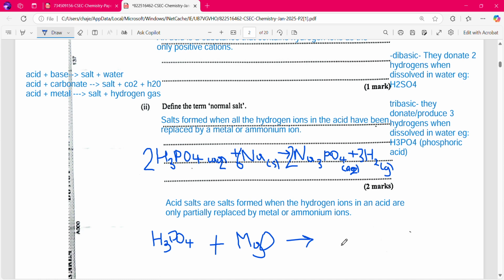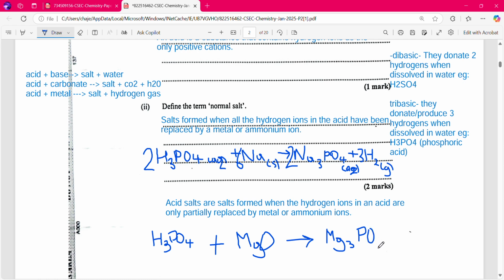So we have an acid plus a metal oxide reacts to form. Yes, so what's the salt? Mg3PO4.